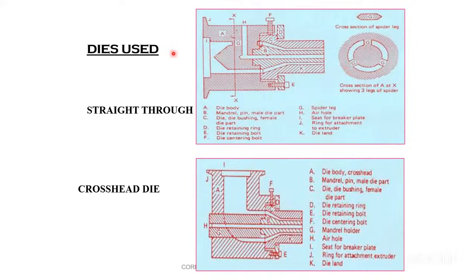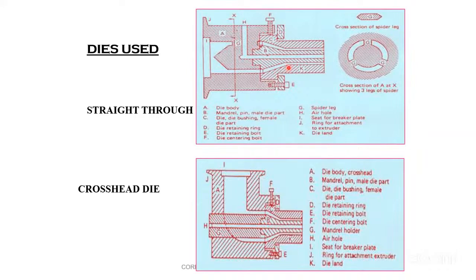When the material enters from the barrel through the breaker plate, screen packs, and the die, I told you it's a convergence section where the material gets converted as per the proper shape in the divergence section.